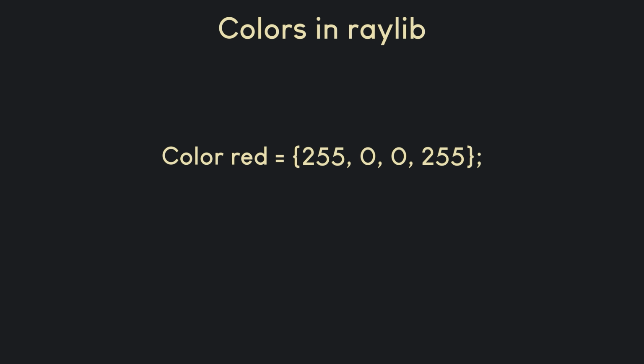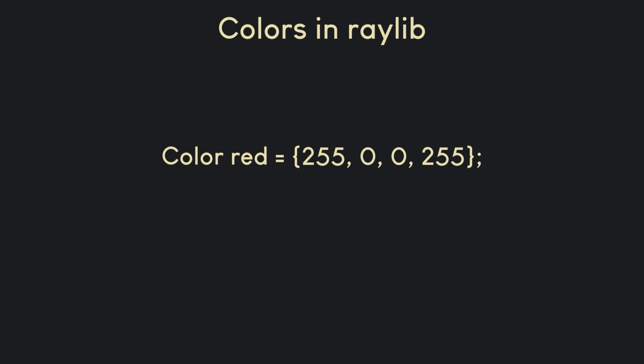For example, to create a red color, we will create a Color struct with the following values. Color red = {255, 0, 0, 255}. The first three values represent the red, green, and blue components respectively, while the fourth value represents the alpha component, or the transparency of the color.